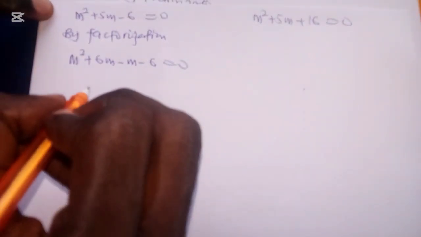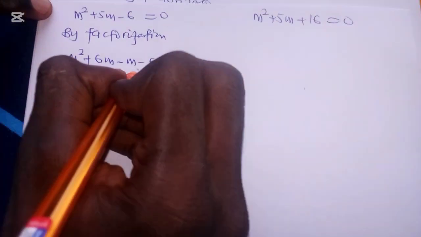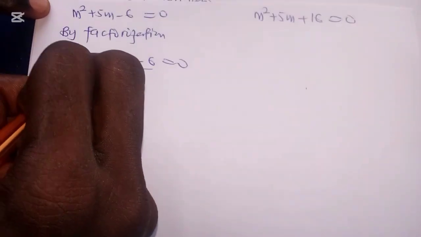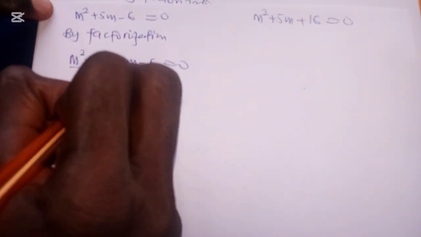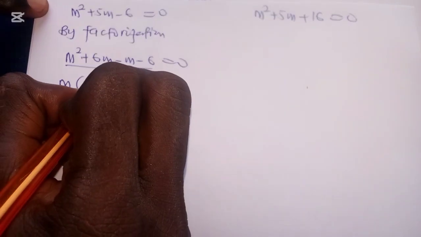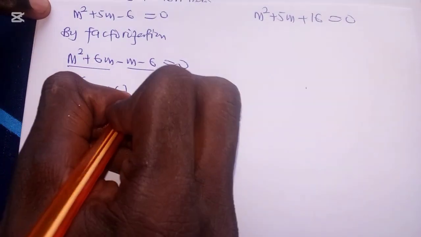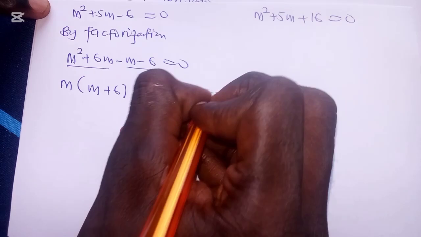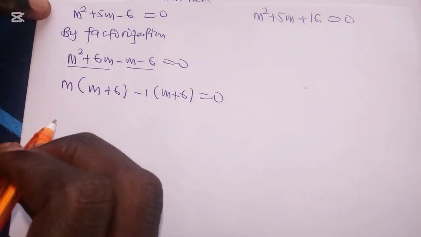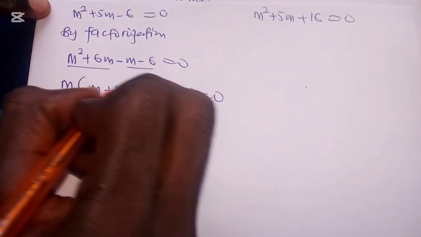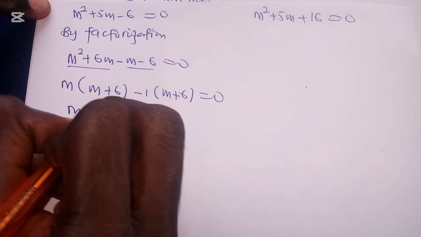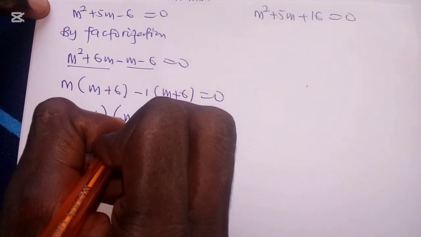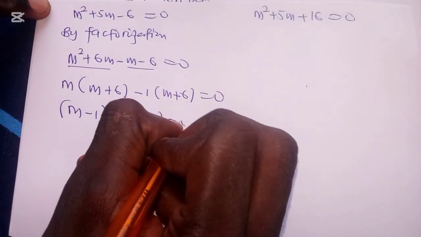Then if we group them by 2, we factorize them, and this becomes m into m plus 6. What remains here is minus 1 into m plus 6, and everything becomes 0. Now we take those that are outside the bracket, that is m minus 1 into m plus 6, equals 0.